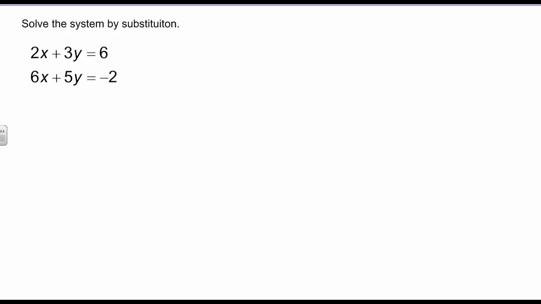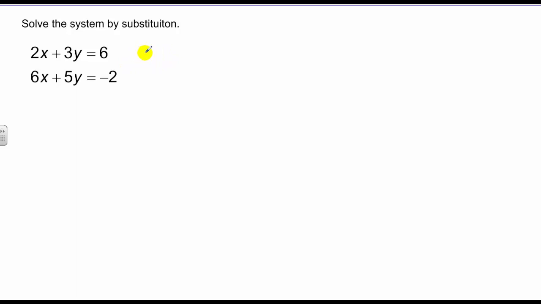So here's another problem. Again, we'll have to isolate one of our variables, and neither one looks very simple in this case. Let's just go ahead and do the top one for kicks. I'll take and get, let's say, x by itself.